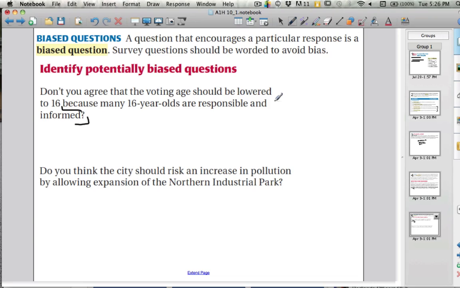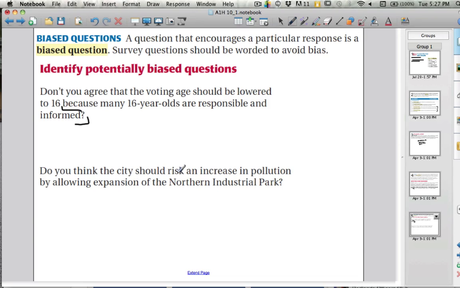They're trying to persuade you it's a good idea in asking the question. Also, this opening phrase, "don't you agree?" "Would you agree" would be okay. "Would you agree that the voting age should be lowered to 16?" That's an unbiased question. But once you say, "don't you agree?" that's like, come on, you must agree. It implies that the person asking the question agrees.